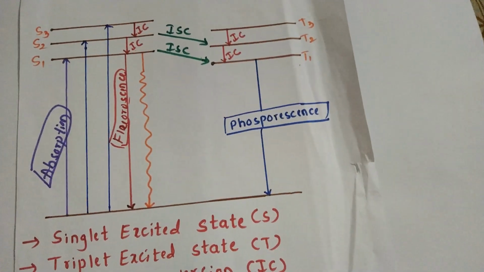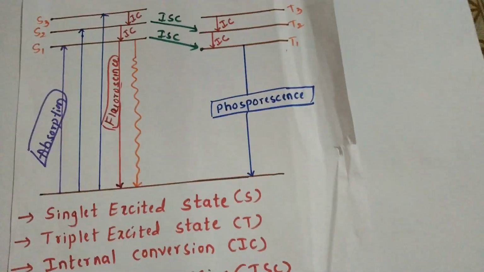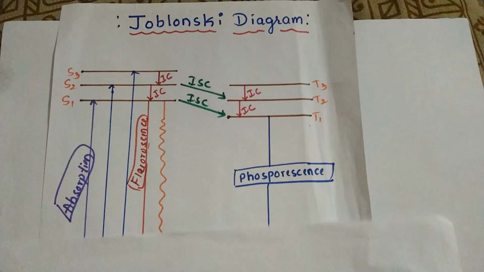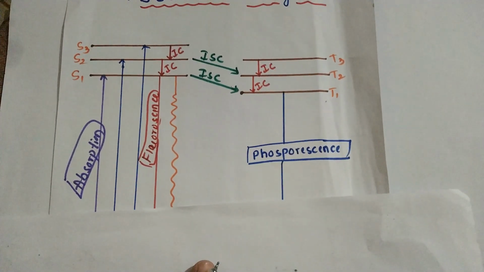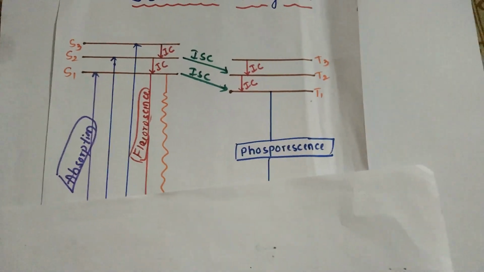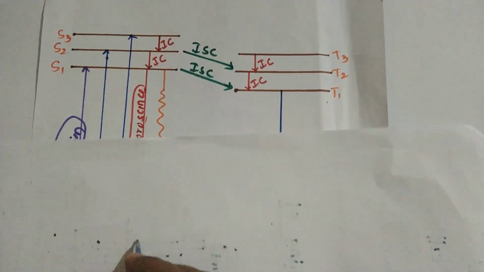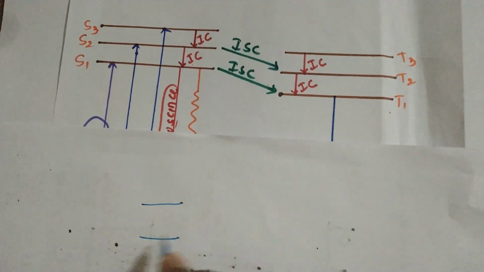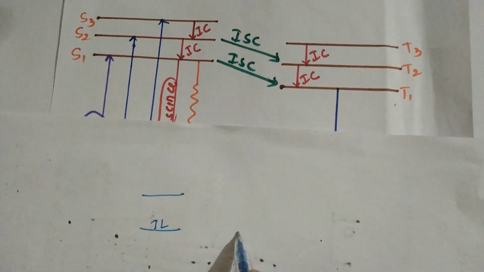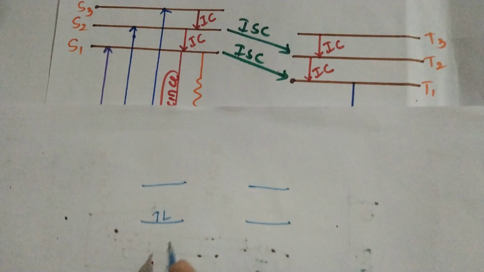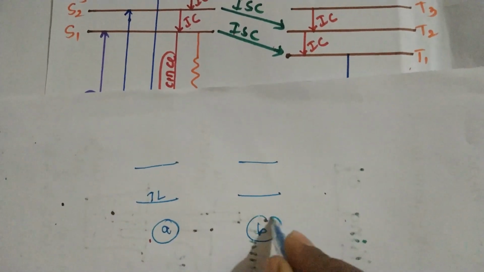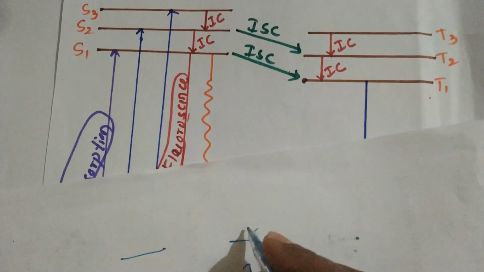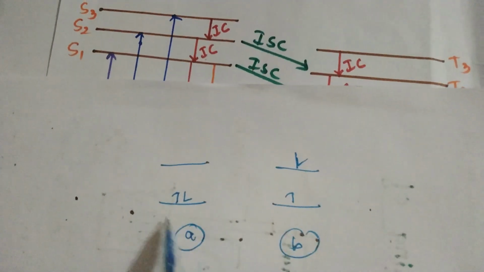When the molecules have an even number of electrons, there are two conditions. In the first condition, this is A and this is B. In the ground state the electrons are spin paired.